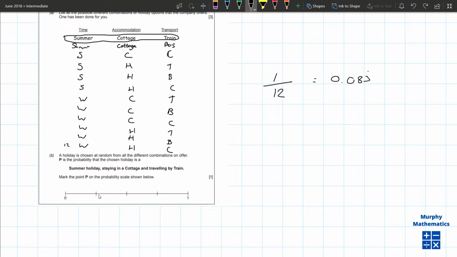This scale goes 0.25, 0.50, 0.75. Now we need to plot it relatively, so it's going to be about here, and we can label that P. You don't have to be too accurate with it as long as it's in the right region.